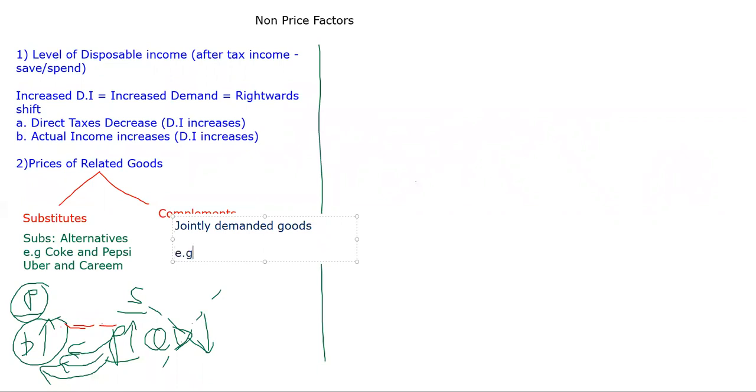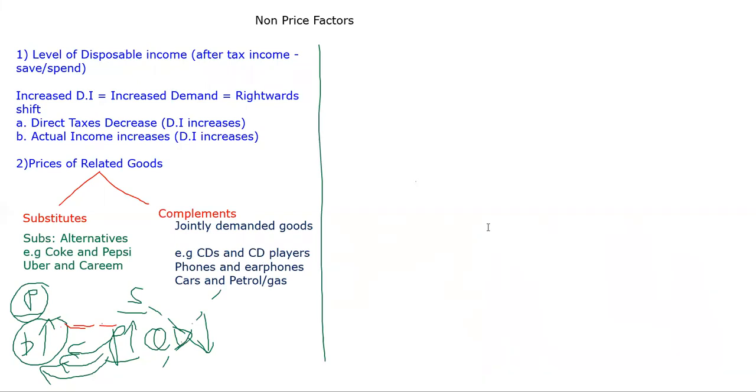So examples could be CDs and CD players, phones and earphones. Okay, not the best of examples, but I think you get the idea. So cars and petrol, or gas, whatever. So the idea is if you're demanding one of these, you'd want the other one as well. For example, if you're not buying a car in the first place, you probably wouldn't want petrol. But if you're buying a car, then you would want to consume petrol as well, right?